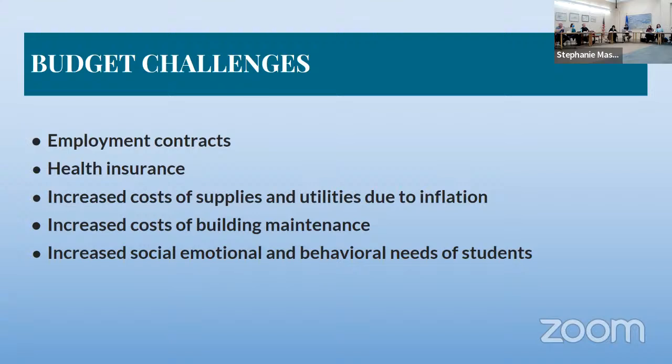Just looking at the employment contracts and health insurance alone, and you don't have to look at it now, but when you look at the summary of the budget we gave you, just looking at those two alone would be the total increase we're proposing for this entire budget.